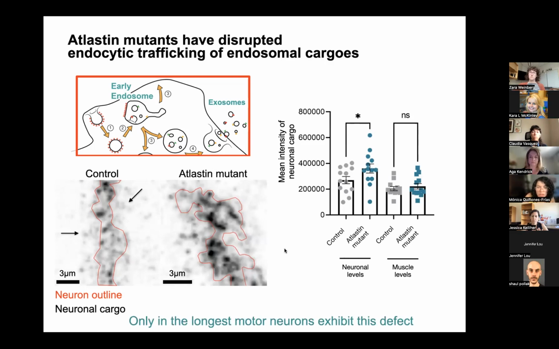And what was really interesting is that I only observed this phenotype in the longest motor neurons in Drosophila, which is in parallel to the motor neurons that are defective in patients with hereditary spastic paraplegia.